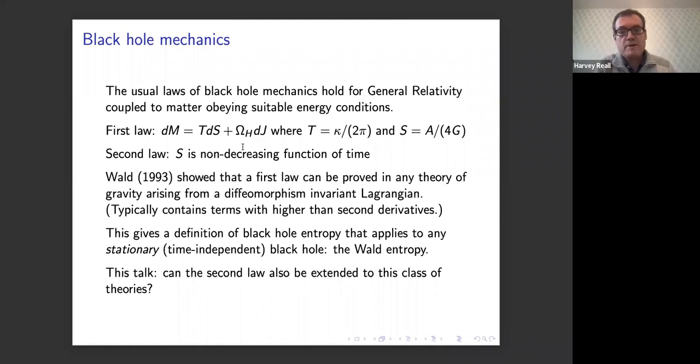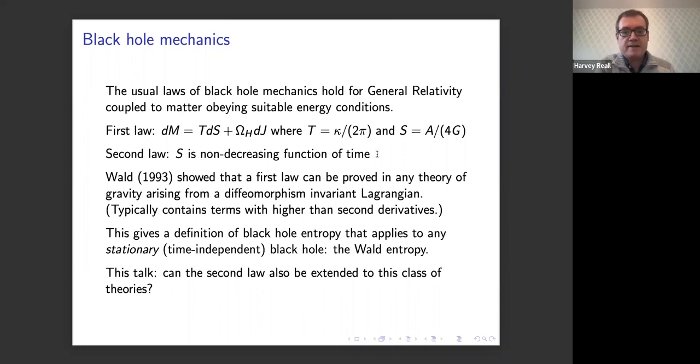So it says if we perturb a stationary black hole, then the perturbed black hole satisfies this equation where dM is the change in the mass, dS is the change in the entropy. The entropy is given by the Bekenstein-Hawking formula in terms of the area, as usual. T is the black hole temperature, given in terms of the surface gravity by Hawking's formula. dJ is the change in the angular momentum, and Omega is the angular velocity of the black hole. So that's the first law.